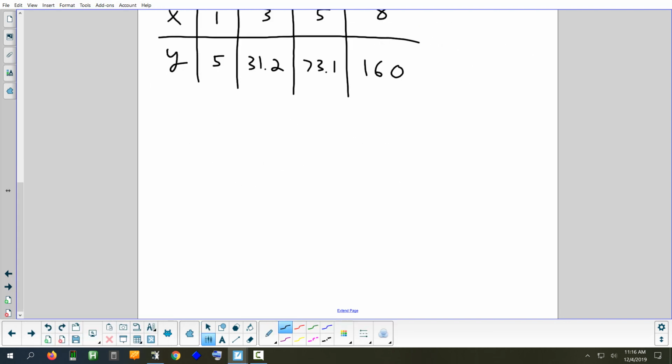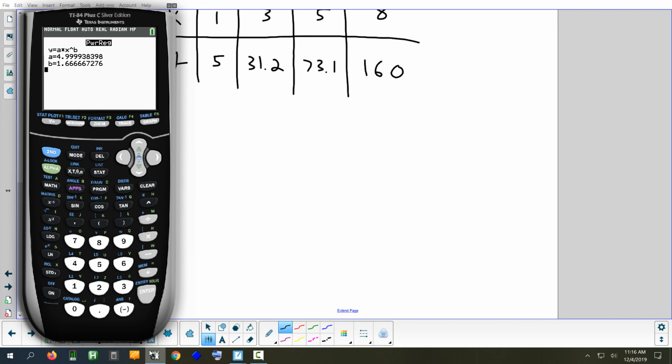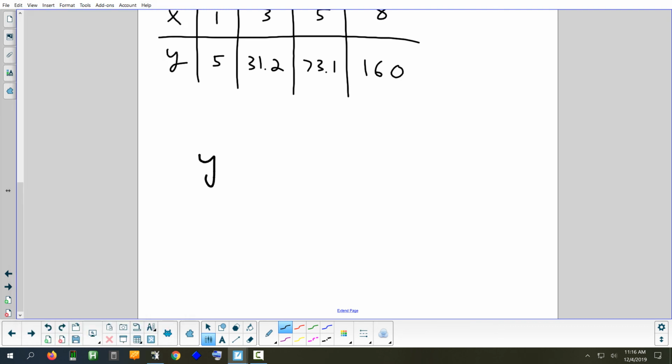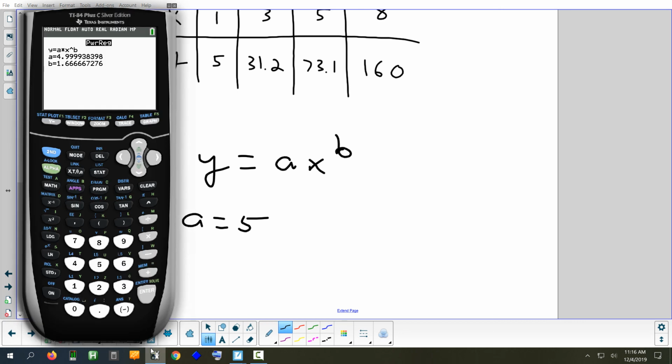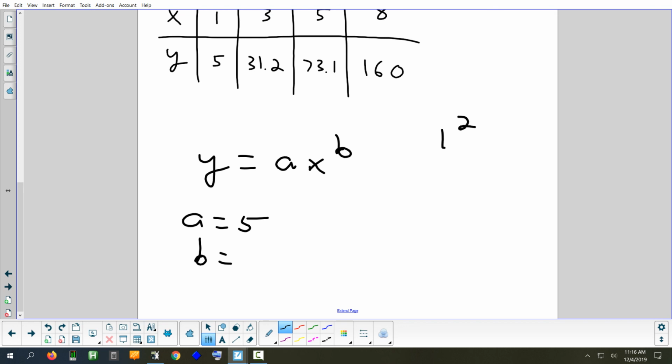So the calculator tells you what it's calling the letters. Here's the formula. I think I use the letter M, they use the letter B. It's the same difference. Y equals AX to the B. A was 5, and B is 1 2/3, or if we write that as an improper fraction, 5/3.